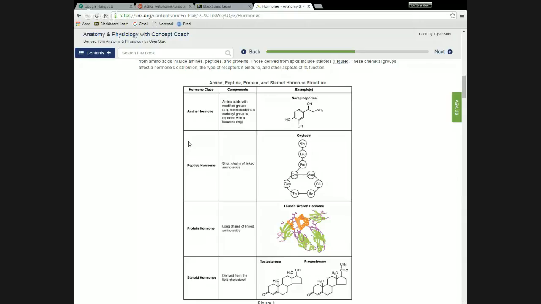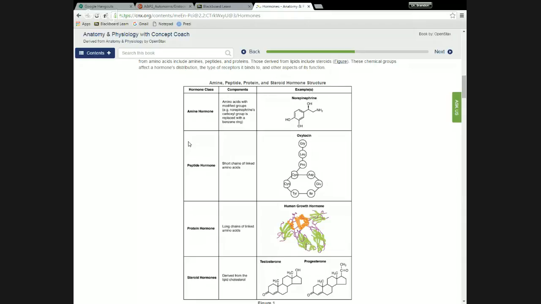The amino acid that those are derived from is called tyrosine. There's an enzyme that modifies tyrosine into another amino acid, which happens to be called L-DOPA. Then there's an enzyme that modifies L-DOPA into a molecule called dopamine, which is usually considered a neurotransmitter in this course.